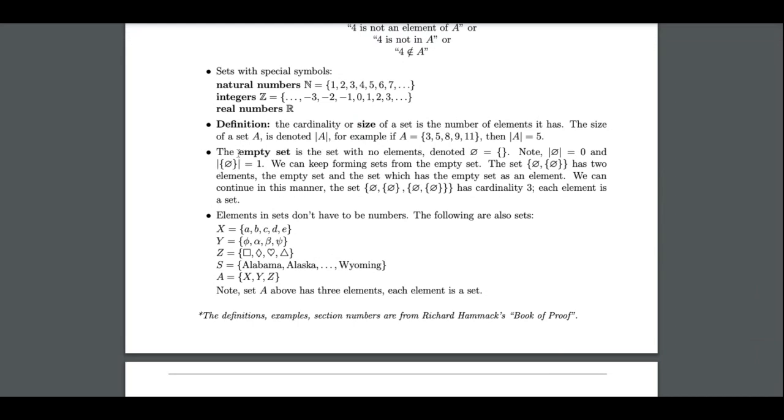And a very special set is the empty set. It's a very important idea. If you're a math major, this is a very important idea. We need the empty set, just like we need zero. It's such an important number in mathematics. So the empty set contains nothing, but it is a set itself. It has no elements.